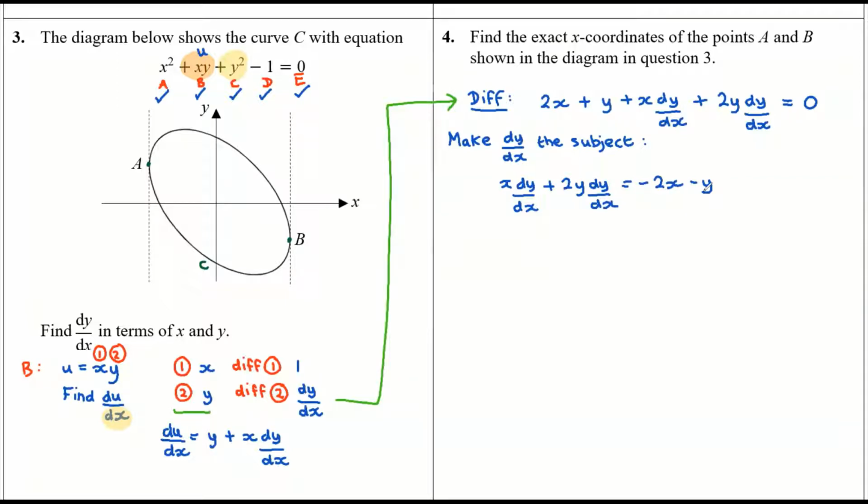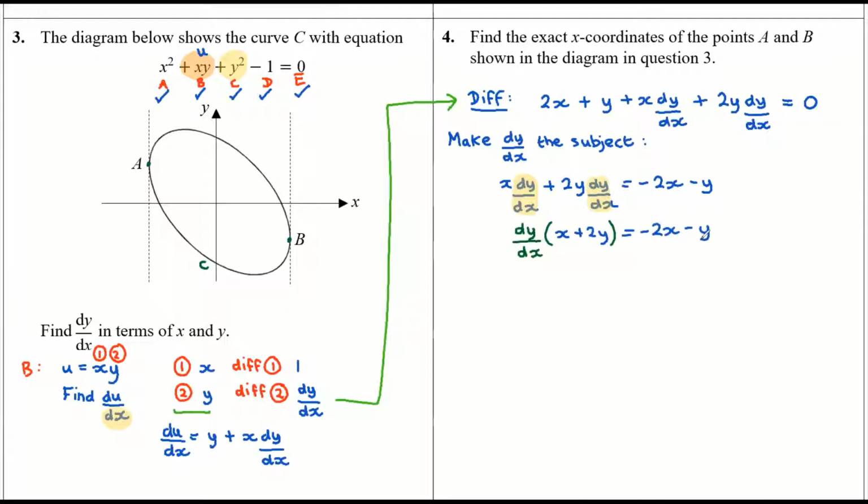Now, I can factor out the dy by dx from the terms on the left-hand side. So we have a common factor of dy by dx here. I can just factorize that. So let's take that out. So we have dy by dx multiplying x plus 2y, close the bracket, and that's going to be equal to negative 2x subtract y.